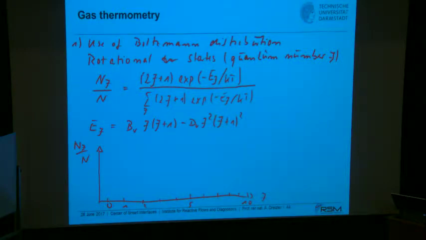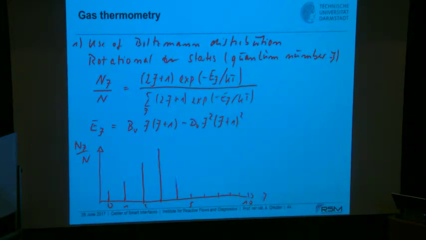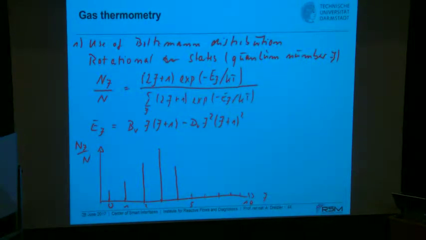Then for a low temperature we find a certain distribution. These sticks denote the values you would find for the molecule we're looking at, for example CO or something like that. For low temperatures, maybe you have a peak value at J equals 3, and then because of the exponential character of this distribution function, it decays rather fast.